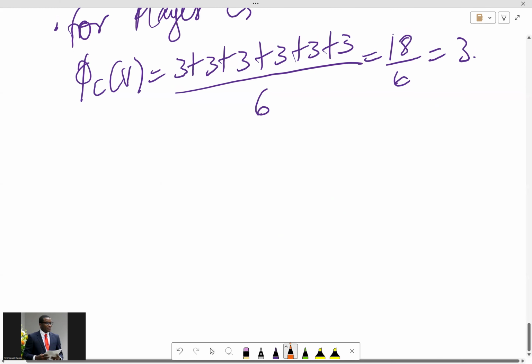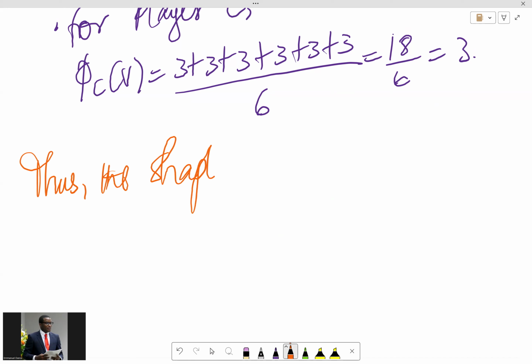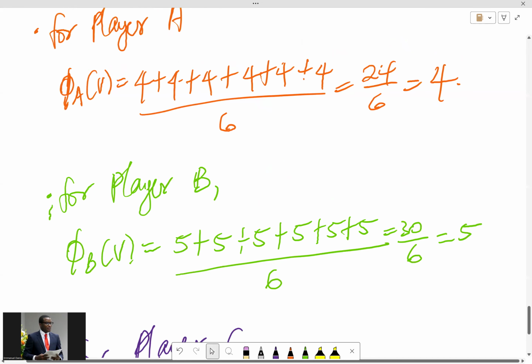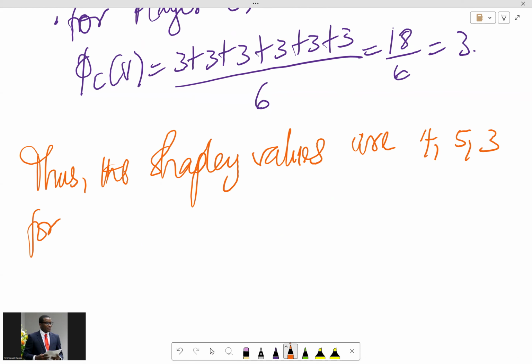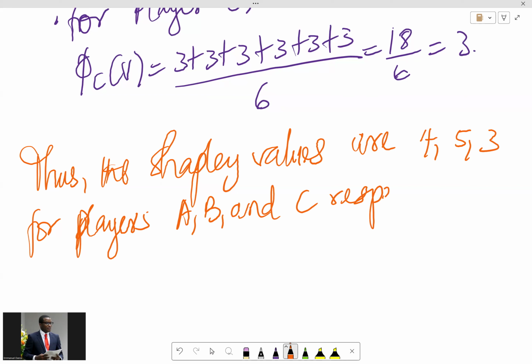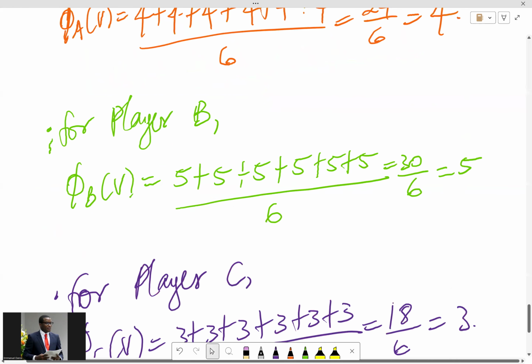So we say that thus the Shapley values are 4, 5, 3 for players A, B, and C, respectively. So that's how that goes.